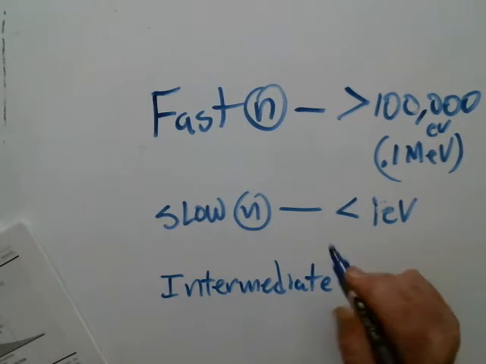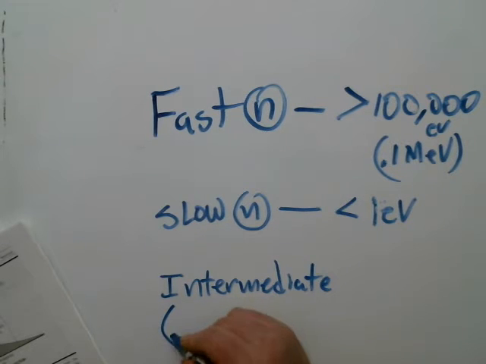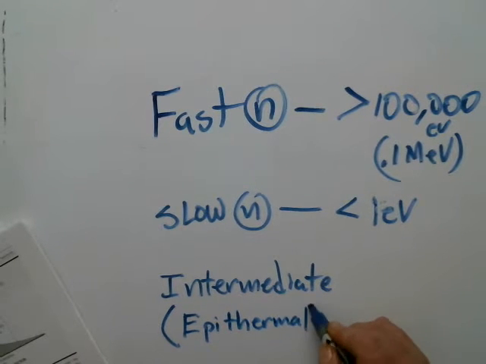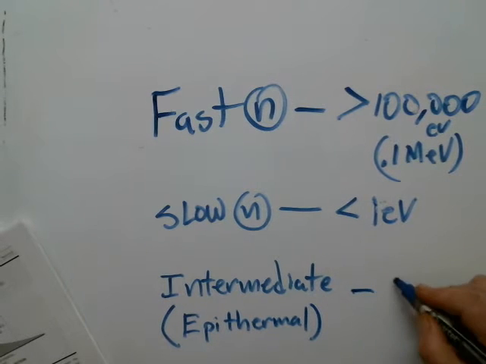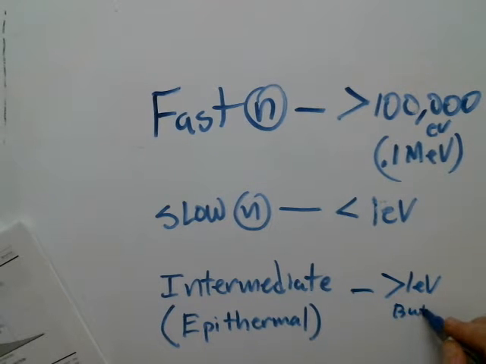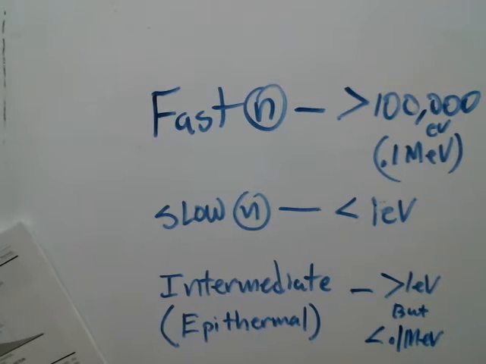or another name for intermediate, we're going to call it, keep this word in mind, I know it's weird, epithermal. Epithermal is in between the two. It's greater than 1 electron volt, but less than 0.1 mega electron volts.